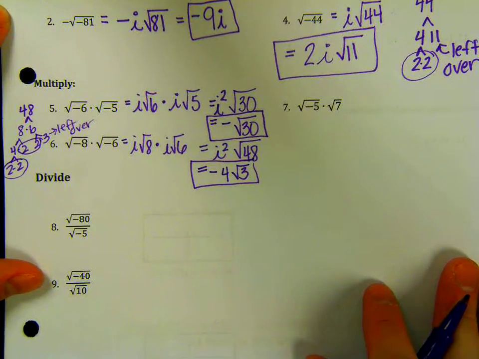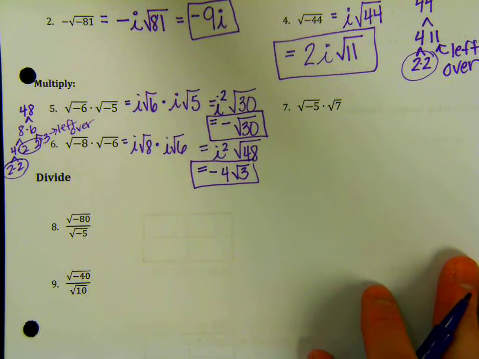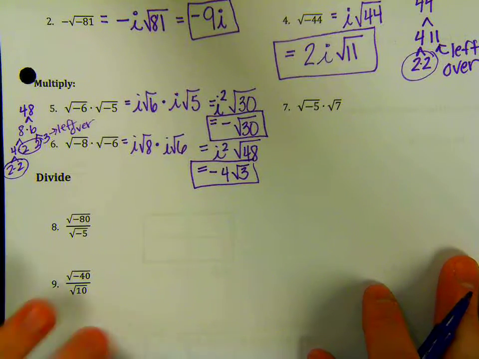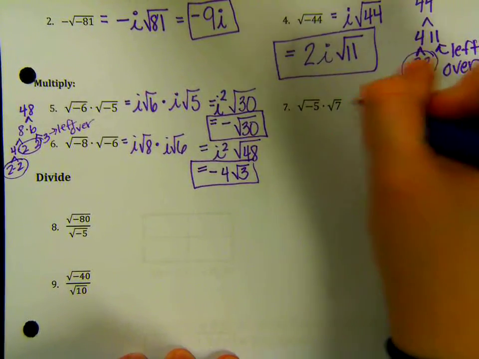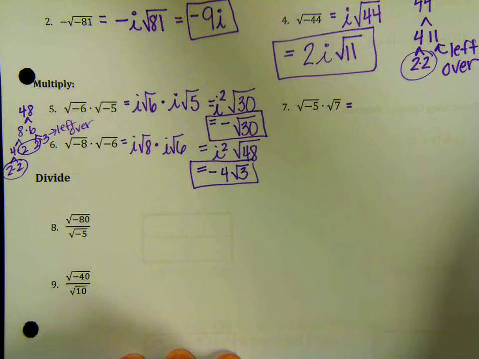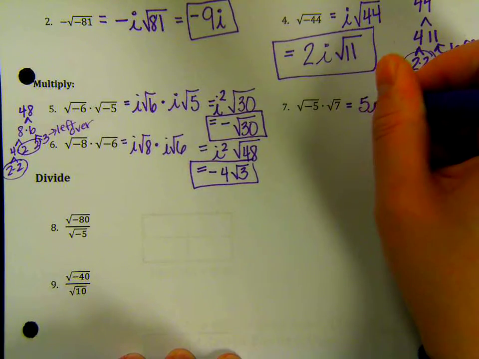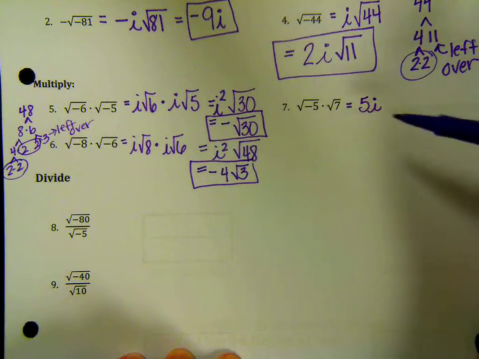The 7 spot, because you have more space, and 7 you don't really need space, but so 5i, but 7 doesn't have a negative sign underneath it, so I'm just going to write it as square root of 5i, and then square root of 7.